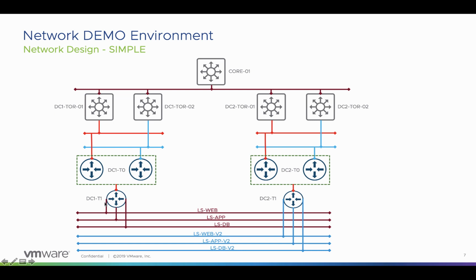From a site perspective, in data center 1, I have a tier 1 gateway which holds a web, app, and database logical switch. On the other side, I also have a tier 1 gateway that holds a web, app, and database logical switch. This is primarily to simulate the active use case that we have.